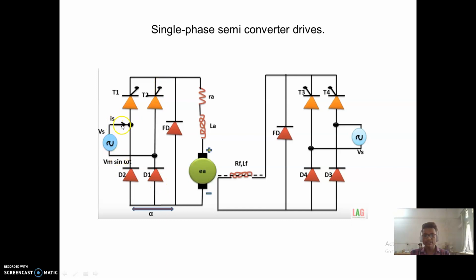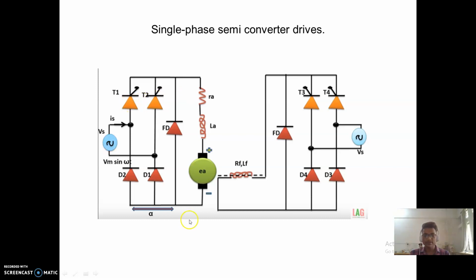During the positive half cycle, T1 and D1 are on, and the current flows through the loop T1, RA, LA, and D1, and during the negative half cycle also we get the output waveform. This circuit works in both positive and negative directions, and the freewheeling diode helps to give continuous current.